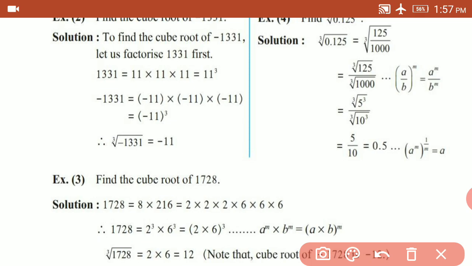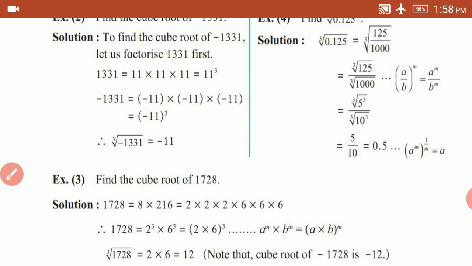This can be written like this: minus 1331 is equal to minus 11 into minus 11 into minus 11, which is equal to minus 11 bracket cube. Cube root of minus 1331 is equal to minus 11. This is the cube root.